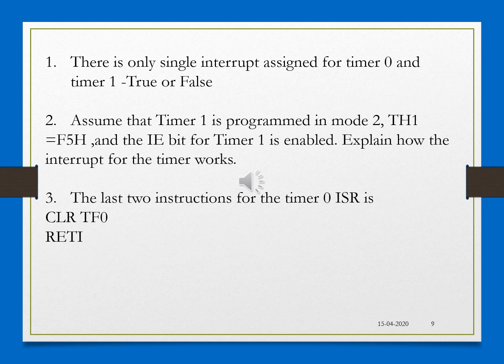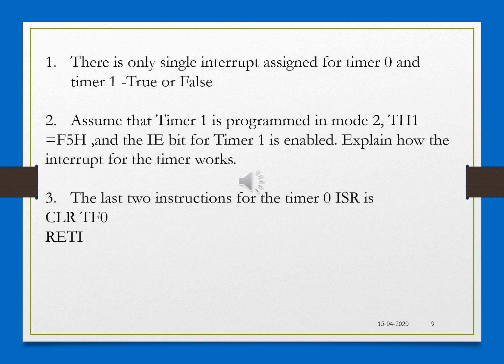Meanwhile, the 8051 can be performing any other operation or task, right? Internally, these things will be happening. Timer 1 starts counting from F5 to FF. When it reaches the maximum value, it rolls over. Whenever that rollover takes place, the overflow flag will get set. When the flag gets set, the timer 1 interrupt will be generated and given to the microcontroller.